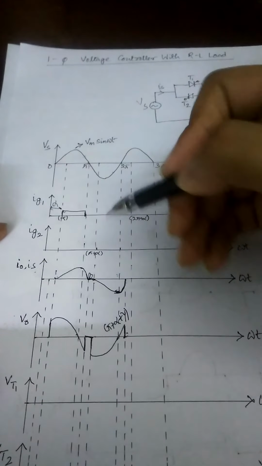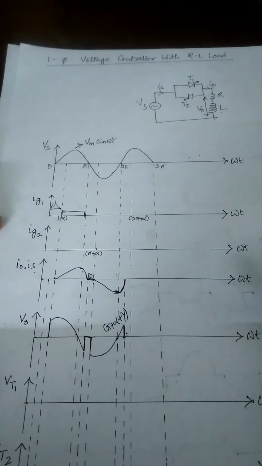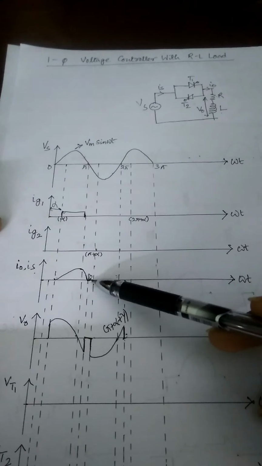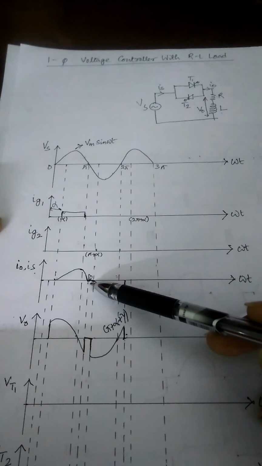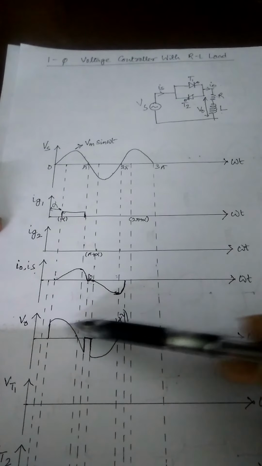So we now have two other points, beta and gamma. Beta is called the extinction angle, and gamma is the actual total conduction angle.